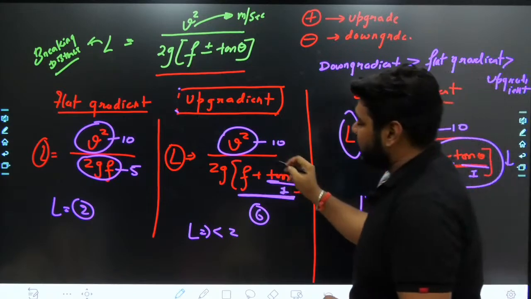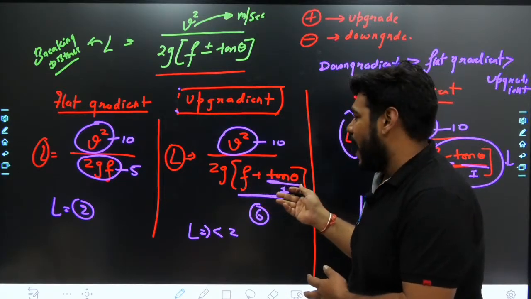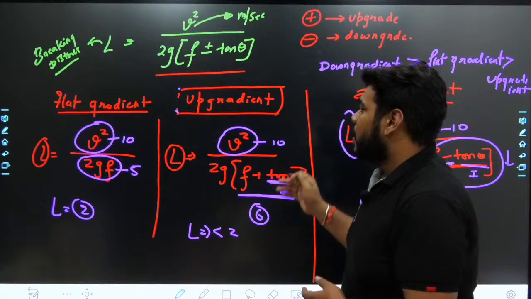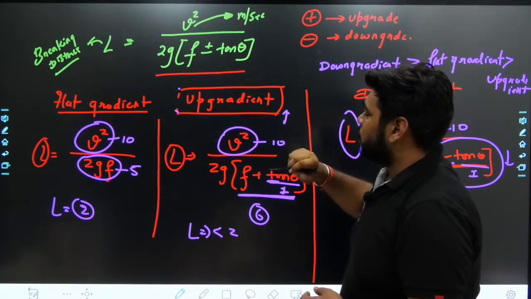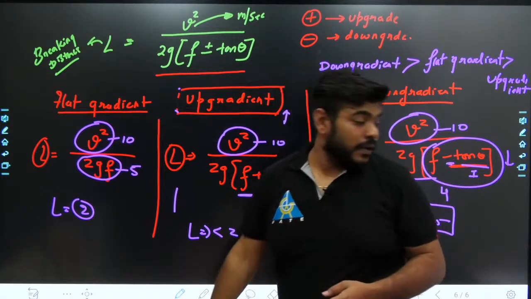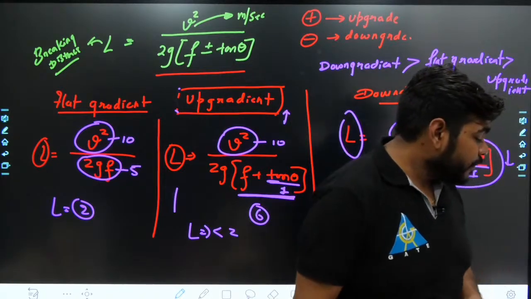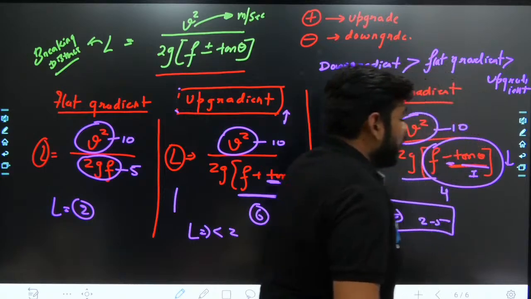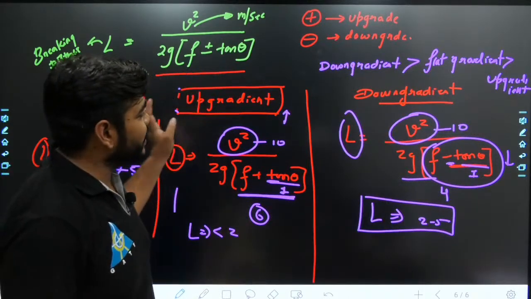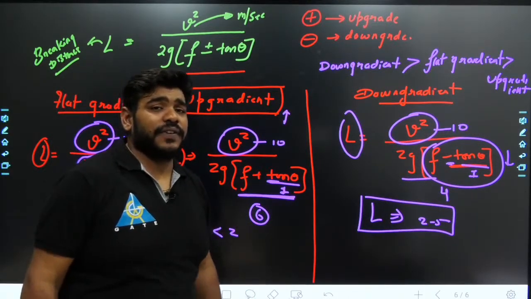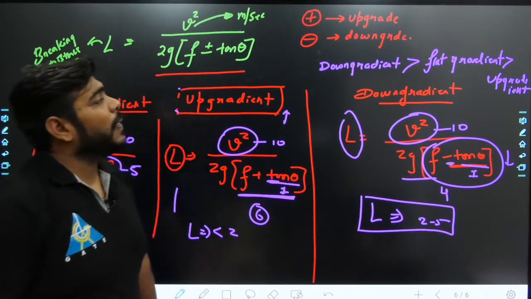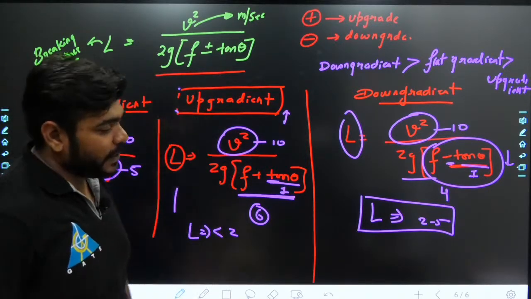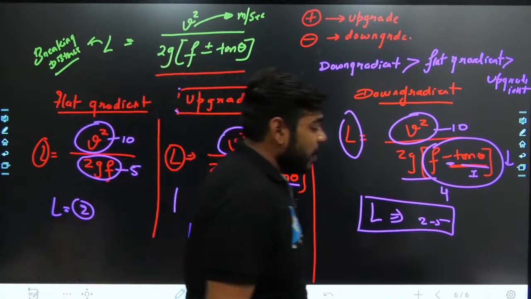When something is added to the denominator, the whole thing is going to decrease. Fine. Is this clear to everyone? So this is the way you will calculate the stopping sight distance on up gradient.